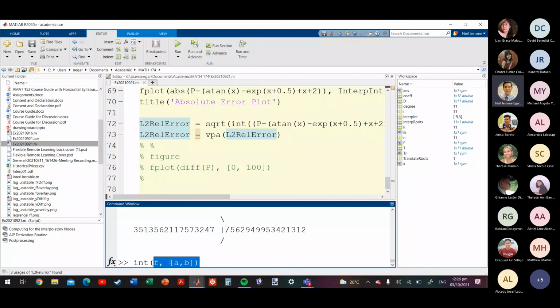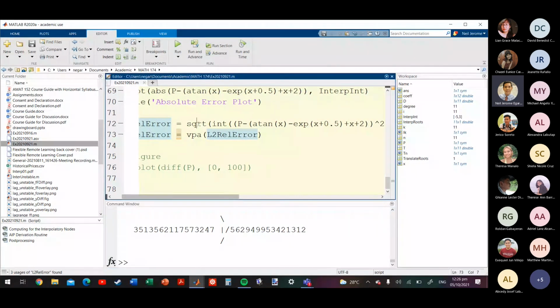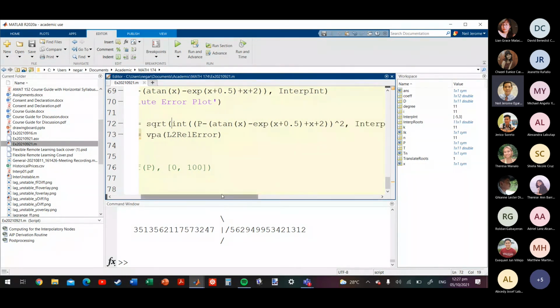Tapos pwede ko na siyang gamitin para ma-compute yung L2 relative error. And let's see how it was computed. So merong square root para dun sa square root dun sa definition ng L2 norm. Naka-square root yung buong quotient ng dalawang integrals. And then integral of what? So I will integrate the square of the error. So p, interpolating polynomial p that we computed, minus the actual function f, okay? And then e square ko siya.